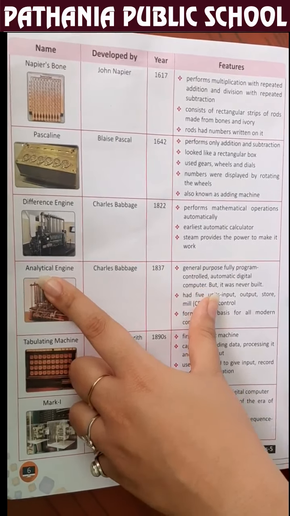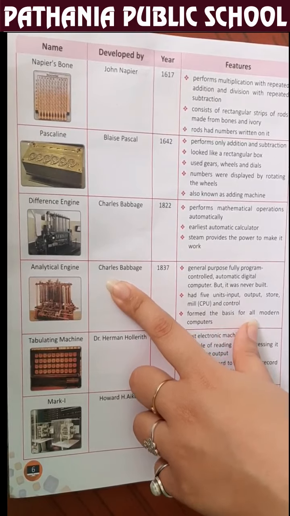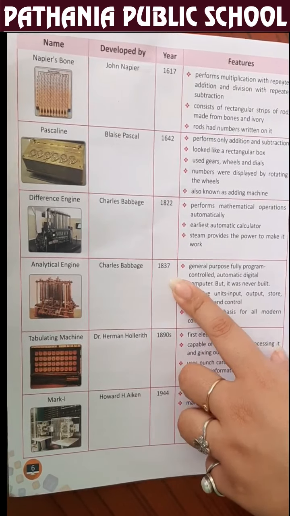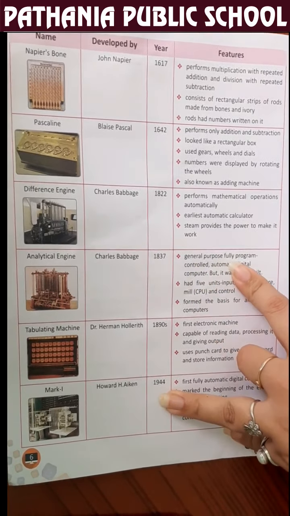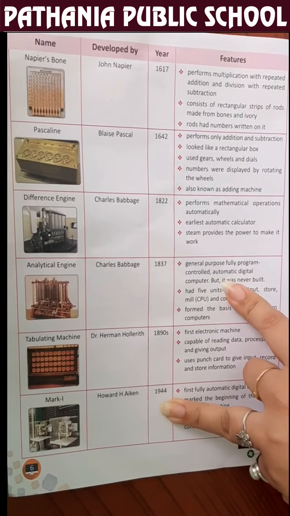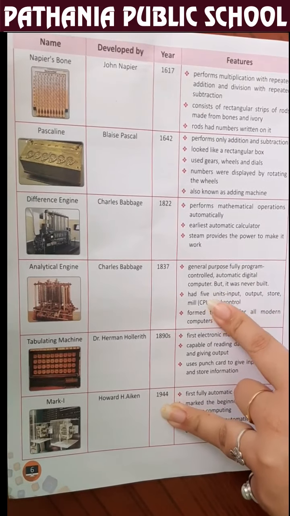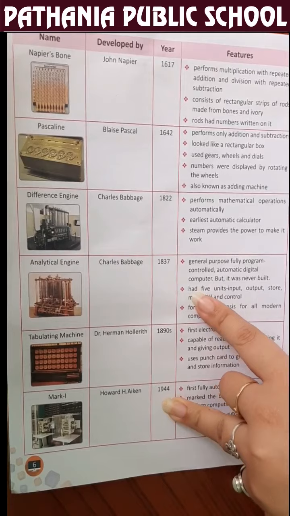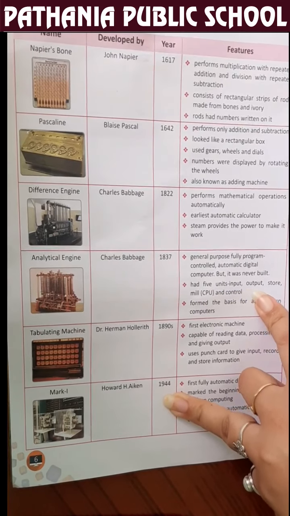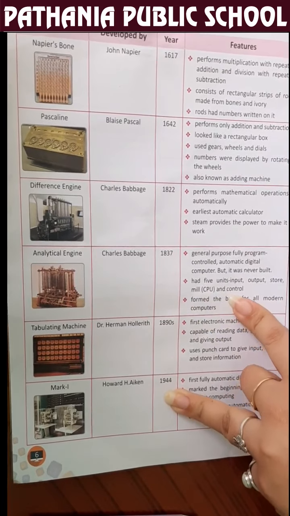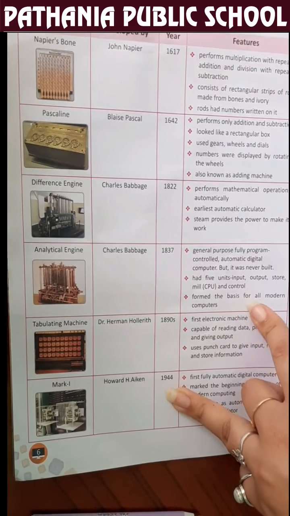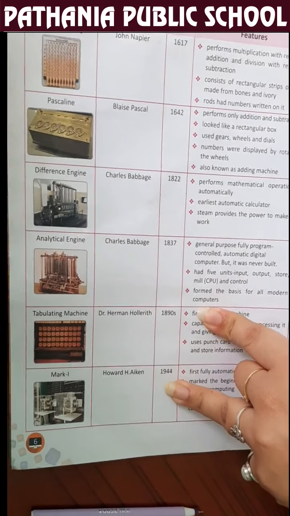The next one is the Analytical Engine, which was developed by Charles Babbage in 1837. It was a general purpose, fully program-controlled, automatic digital computer, but it was never built. It had 5 units: input, output, store, mill and control, and it forms the basis for all modern computers.